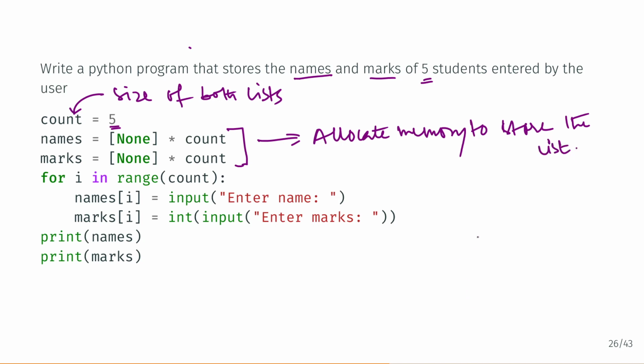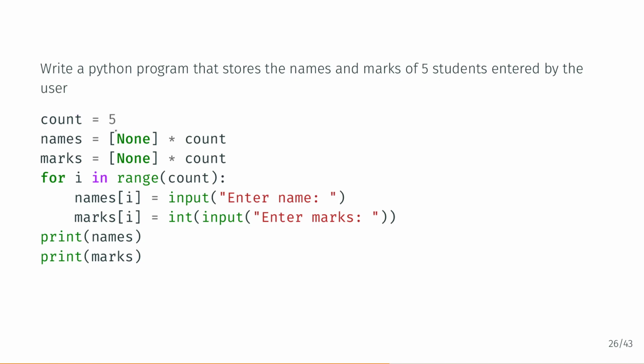You can also go for the empty list approach and then use the append function to keep appending data to the list. But what happens if you do that is the list grows in size, and every time the list grows, the computer has to allocate memory in the RAM, and that is slow, okay? So if you can pre-allocate, it's always a good idea to do so. So count is 5, and then we pre-allocate the memory using None times count, right?